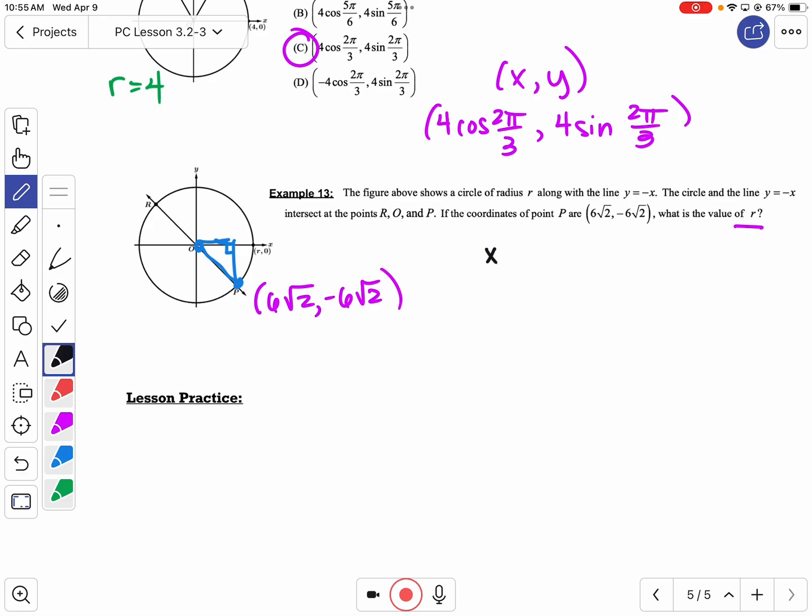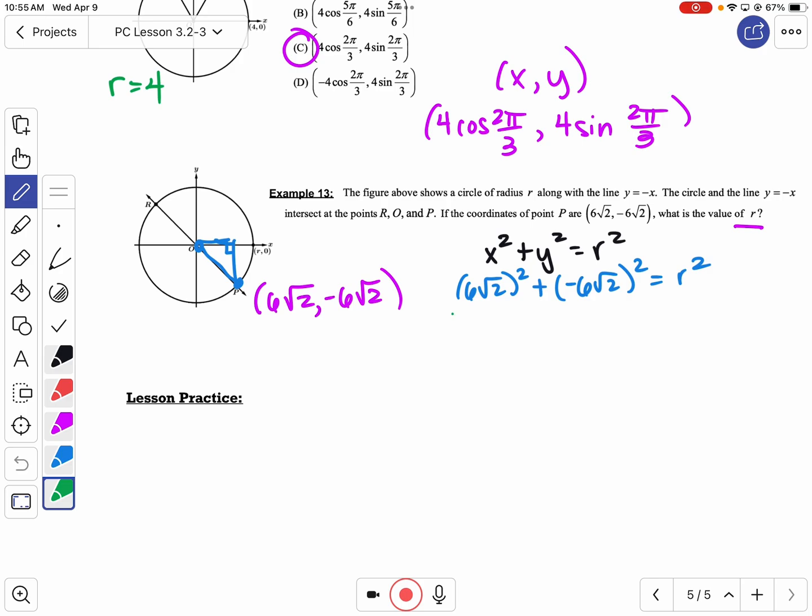Yeah. Use the Pythagorean theorem, x squared plus y squared equals r squared. This is simply a Pythagorean theorem problem. So if I plug those values in, 6 square root of 2 squared plus negative 6 square root of 2 squared is going to equal my r squared. Now be careful right here.